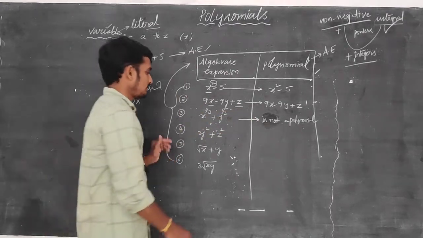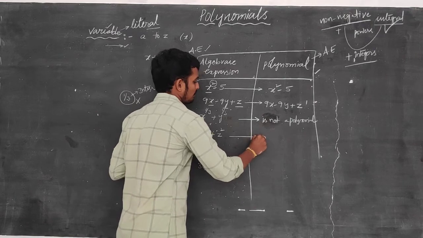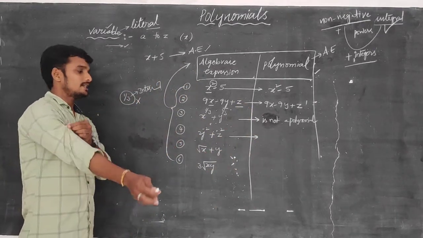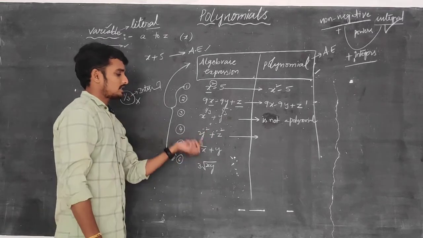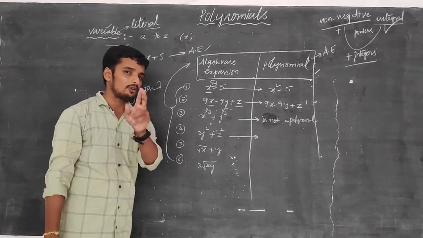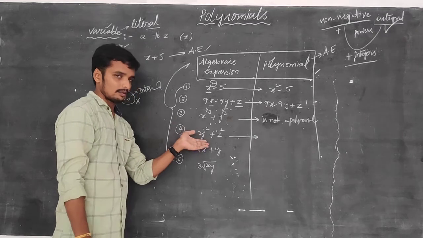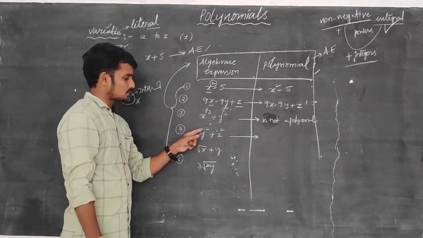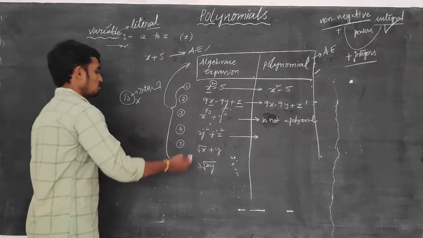The same way, the next case: y power minus 2 plus z square. What are the variables here? y and z. This time we will get one doubt. That is y power minus 2 plus z square. Here two variables are there.